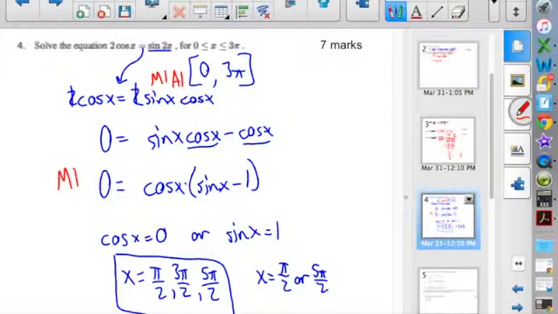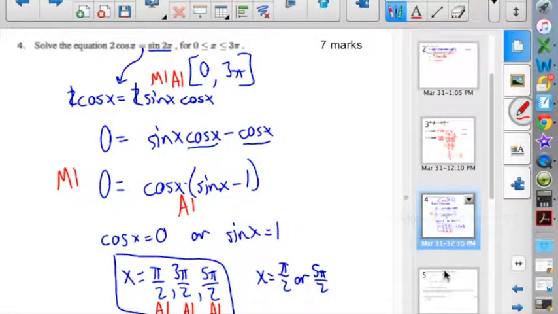Again, an accuracy point for doing that correctly. Let's see, that's 4, and then probably an accuracy point for each one of your solutions. Okay, I mean that's my guess. I don't have the mark scheme in front of me, but it's probably what you would see. Okay? All right, any questions on this one?